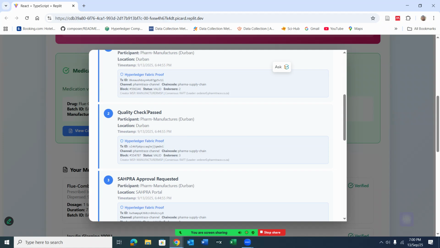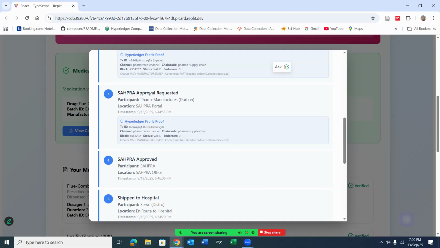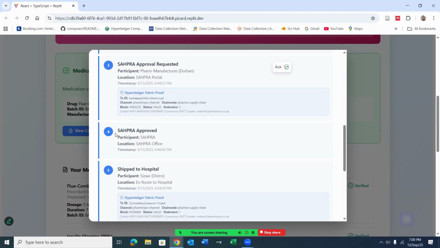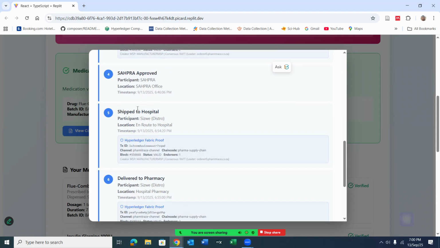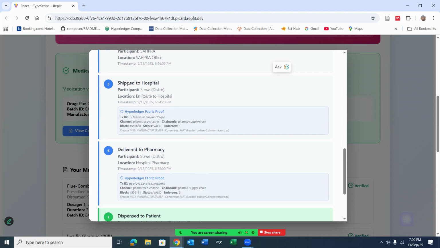Then the drug passed the quality check. Then it was sent to SAPRA for approval. Then SAPRA approved it in step number 4 at their head office. Then the drug was shipped to hospital. The driver is Sizwe. The name of the company who shipped the drug is Distro.